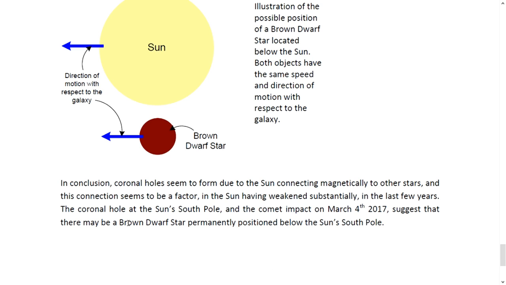The coronal hole at the sun's south pole and the comet impact on March 4th, 2017 suggest that there may be a brown dwarf permanently positioned below the sun's south pole.